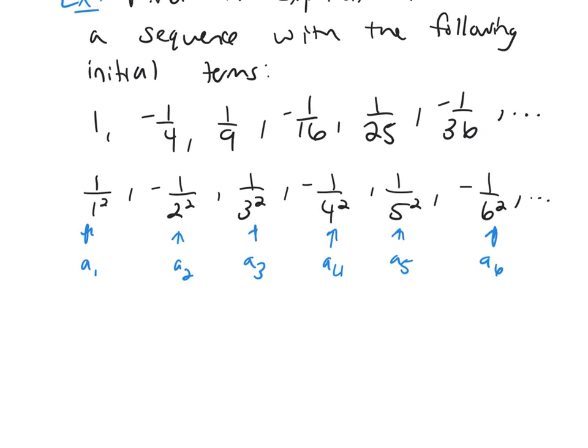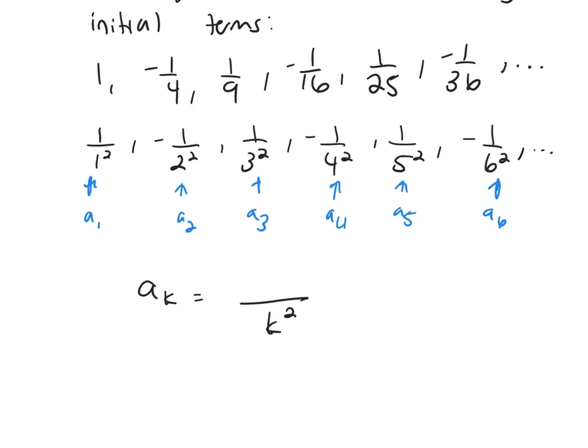So it looks like the denominator, in general, a_k, the denominator would be k squared. Now, for the numerator, it's always either 1 or -1. So because it's alternating signs, it's either going to have (-1)^(k+1) or (-1)^k. And it just depends which one of these is the correct sign.